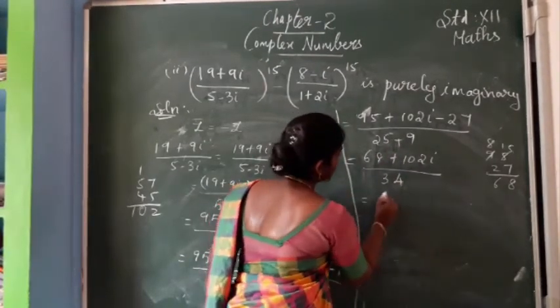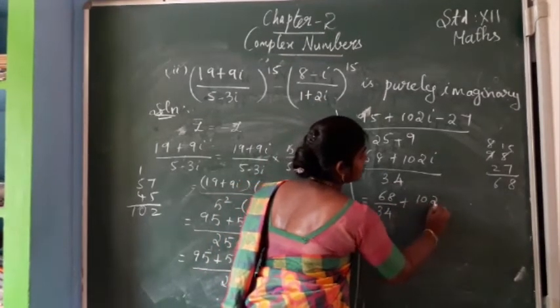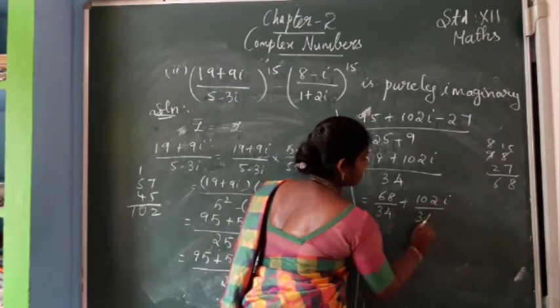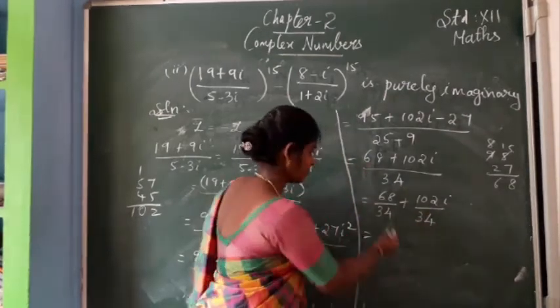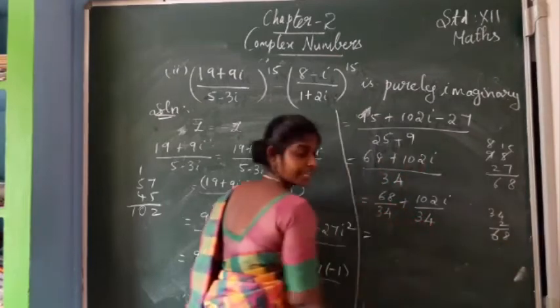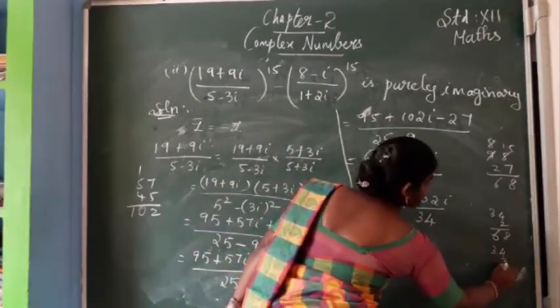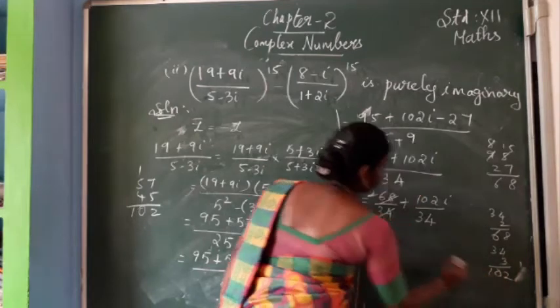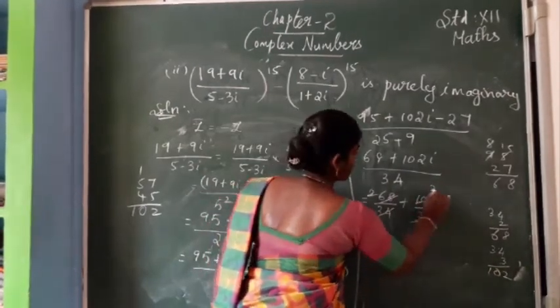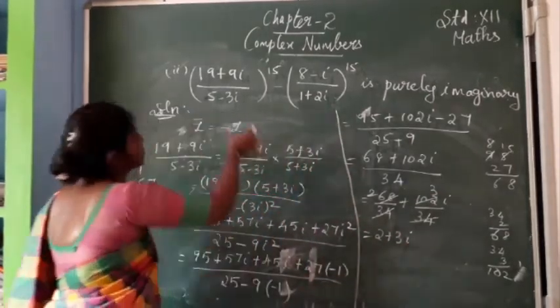That's equal to 68 divided by 34 plus 102i divided by 34. We multiply 34 to get 68, so cancel this, 2. And 34 times 3 is 102, so 3. So 2 plus 3i. This is for the first term.